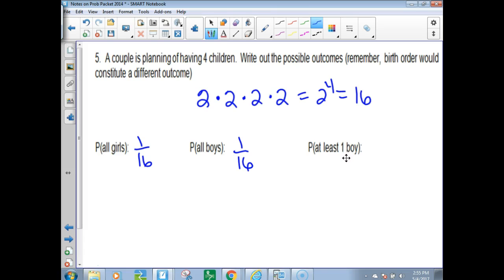At least 1. There's only 1 way you can have all girls, so the rest of them will have at least 1 boy, right? 15 out of 16. Okay, now there's another way to think of that. I'll talk about that on the next page.